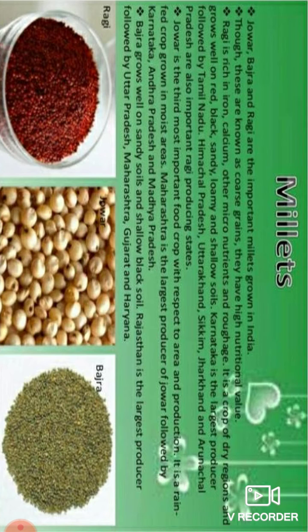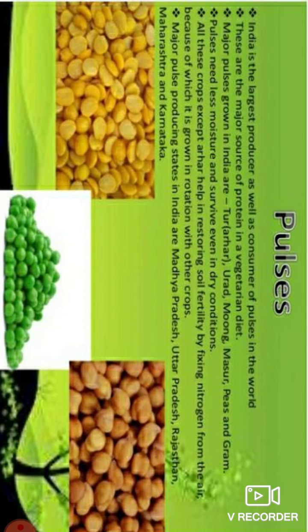Maharashtra is the largest producer of jowar, followed by Karnataka, Andhra Pradesh, and Madhya Pradesh. And Bajra is grown well on sandy soil. Here we can see Uttar Pradesh, Maharashtra, Gujarat, and Haryana are major producers, and Rajasthan is the largest producer of Bajra.